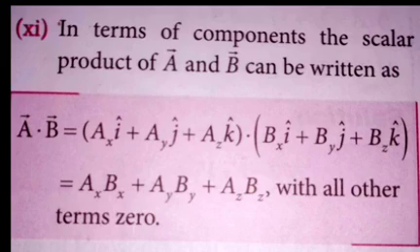Now we dot A vector with B vector and substitute the values, and in the ninth property we discussed that the same unit vector dotted gives the value 1. Therefore we get ax bx plus ay by plus az bz, and all the other terms become 0.